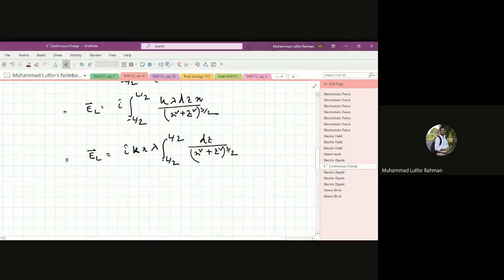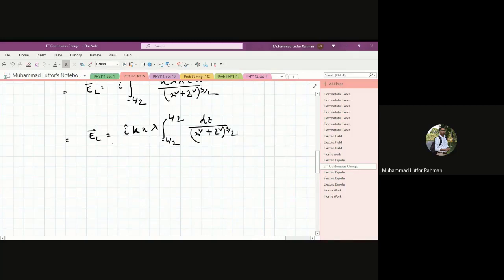Now this is actually a formula we can use from integration. There is a definite integration formula, we know that.